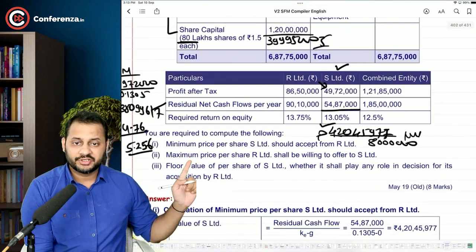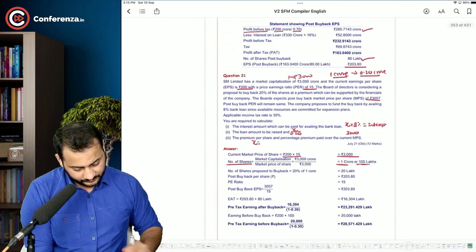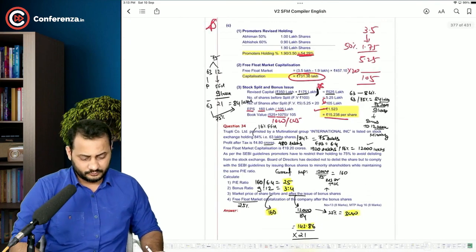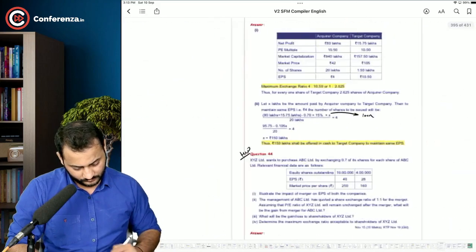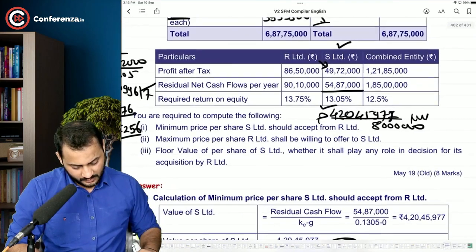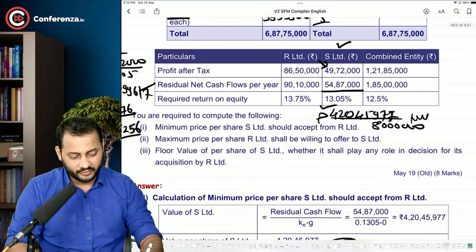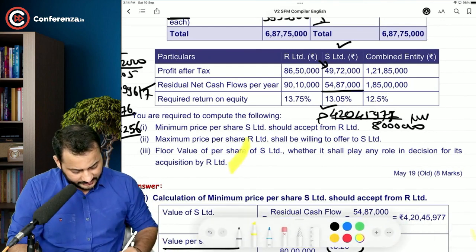Maximum price per share R Limited shall be willing to offer to S Limited. It's very simple, sir. Calculate two things.